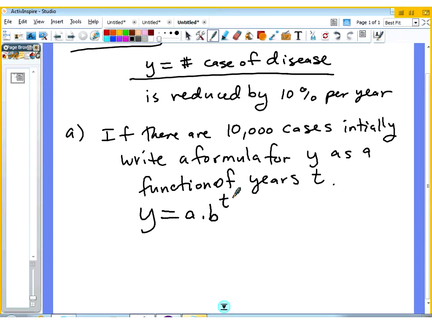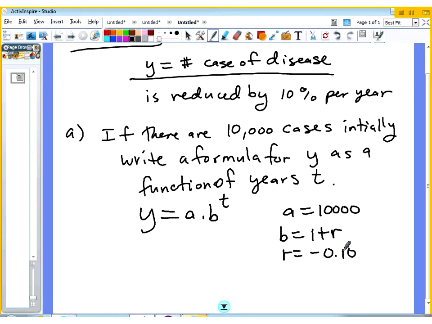It's exponential because it's a constant percent change. It's reduced by 10% a year. In our case, the A is 10,000 because the A in an exponential function is the initial amount. The B is 1 plus R, and the R in our case is minus 0.10, because it's reduced by 10%, so the R is the decimal representation of the percent change.